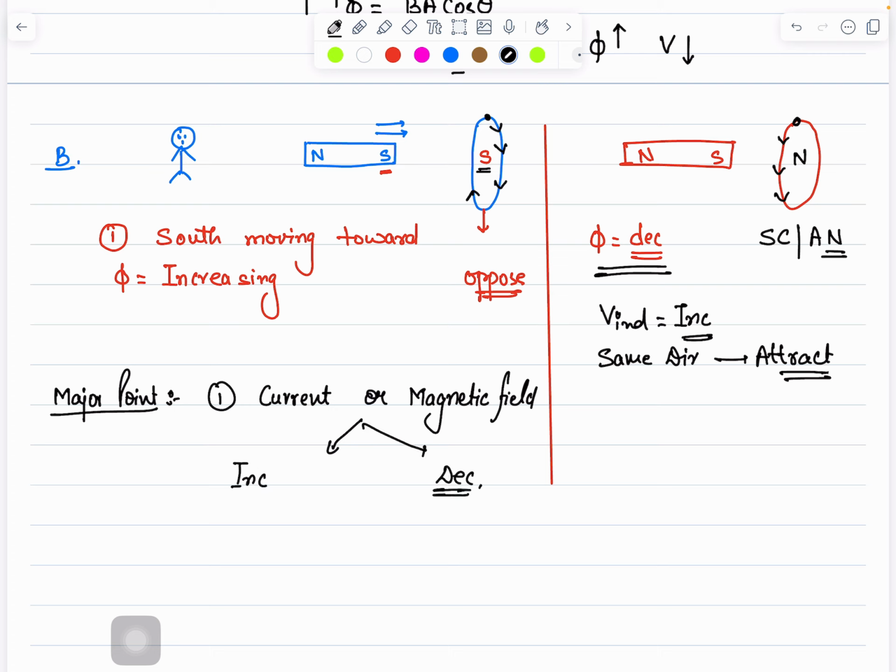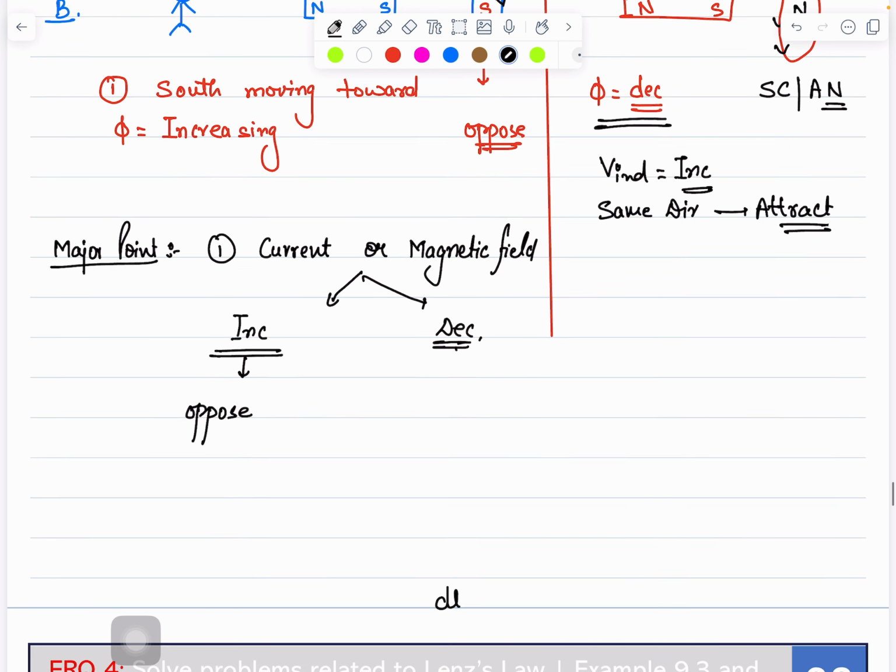Clear? If it increases, then you will get the opposite result. Oppose. Okay, and if it decreases, it will try to help you. So here you will get attraction, and here you will get repulsion. Yes or no? Clear? This is the first point.